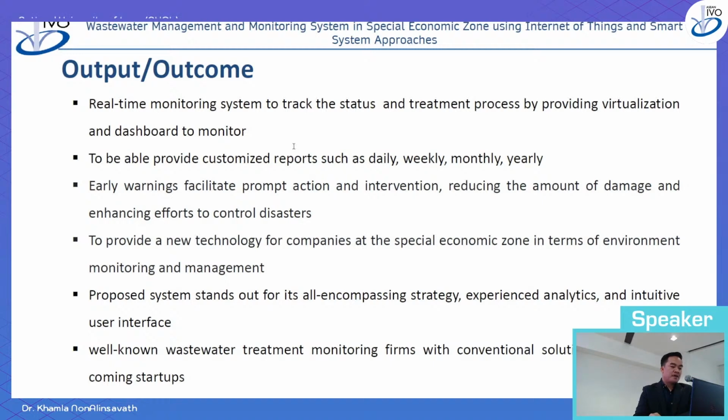For the outcome, we will have a real-time monitoring system to track the status and treatment process by providing visualization and a dashboard to monitor all aspects of the environmental parameters.